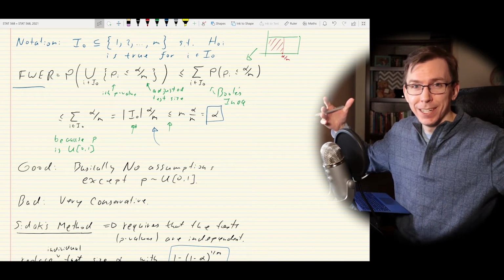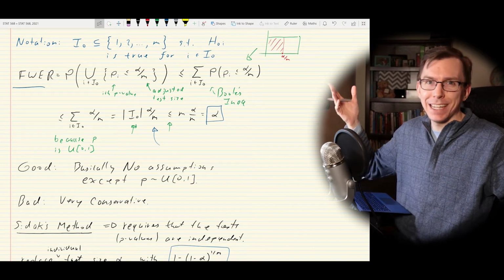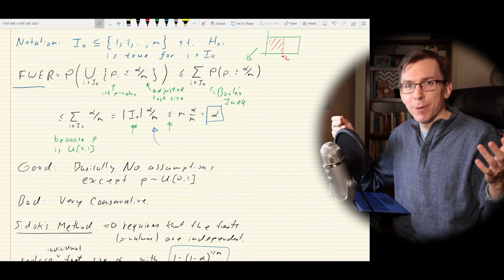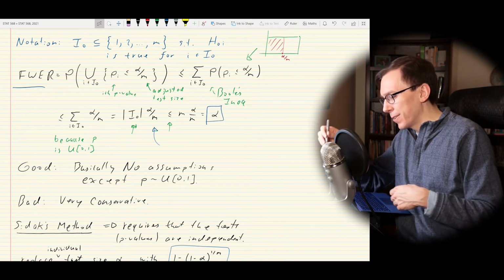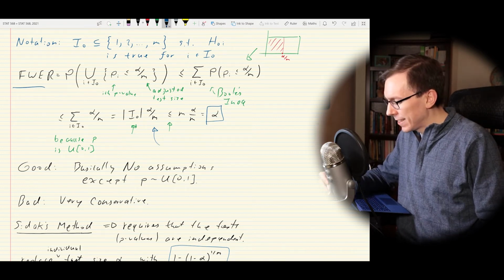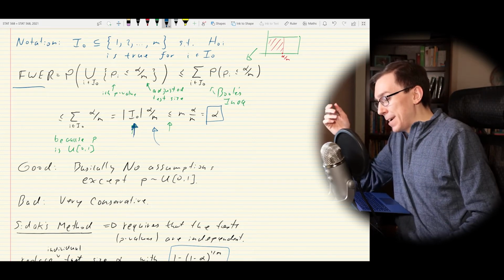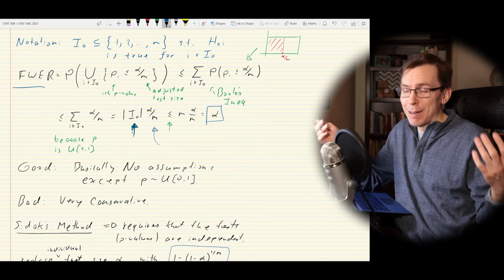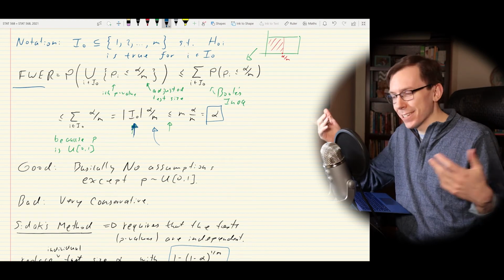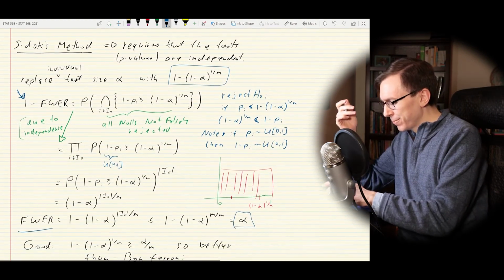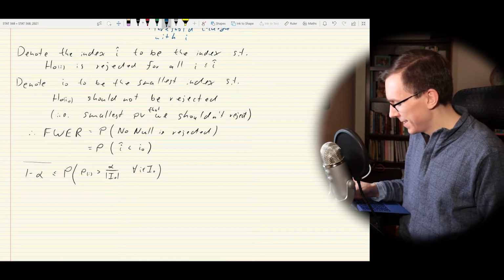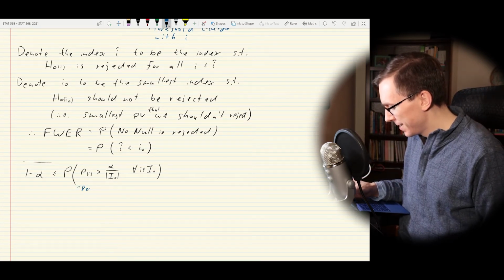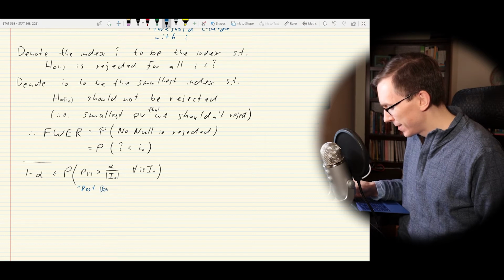M is the total number of hypotheses, but if half of them are supposed to be rejected, we'd only want to divide by m over 2 to properly correct, because I need to cancel out this I naught that I'm multiplying by. So I could pick the smallest denominator possible to cancel that out, which is just I naught again. Going back down to where we are, I'm going to call this best Bonferroni.